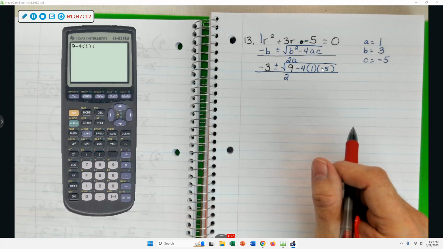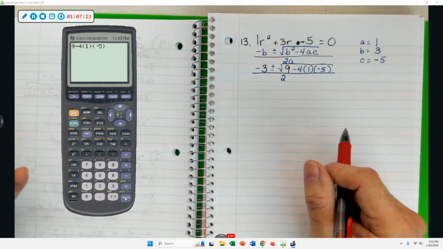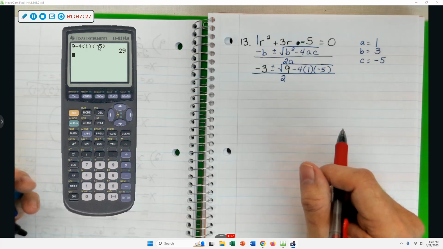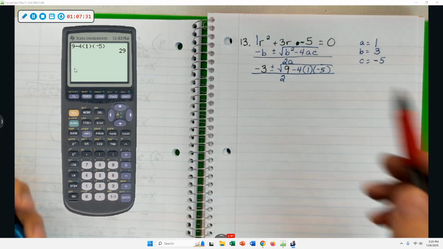That thing in front of that 5 is not subtraction, it's a negative 5. Now mathematically we say the same thing, we say minus 5, but technically when you're punching it into a calculator you have to use the negative key. That's one of those things we hadn't mentioned before now.